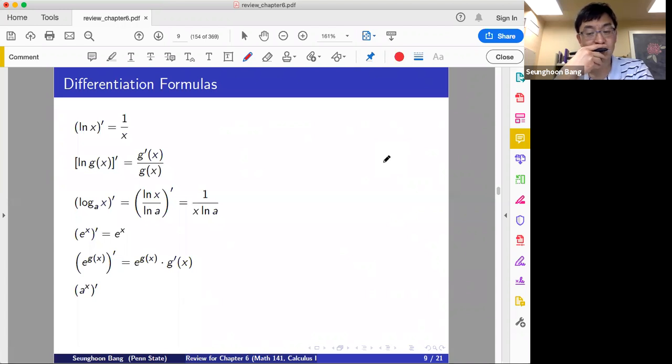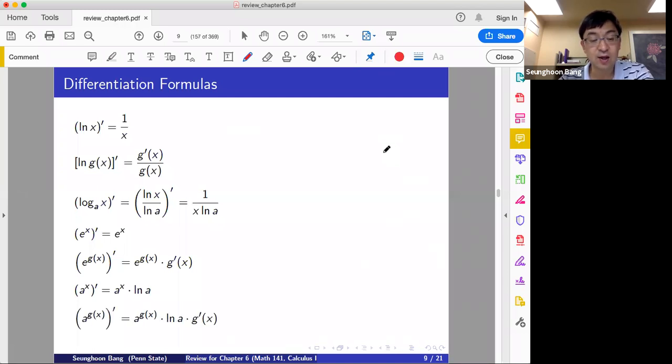The answer is a to the x times ln of a. So the derivative of a to the g of x is a to the g of x times ln of a times the inner function g prime of x.